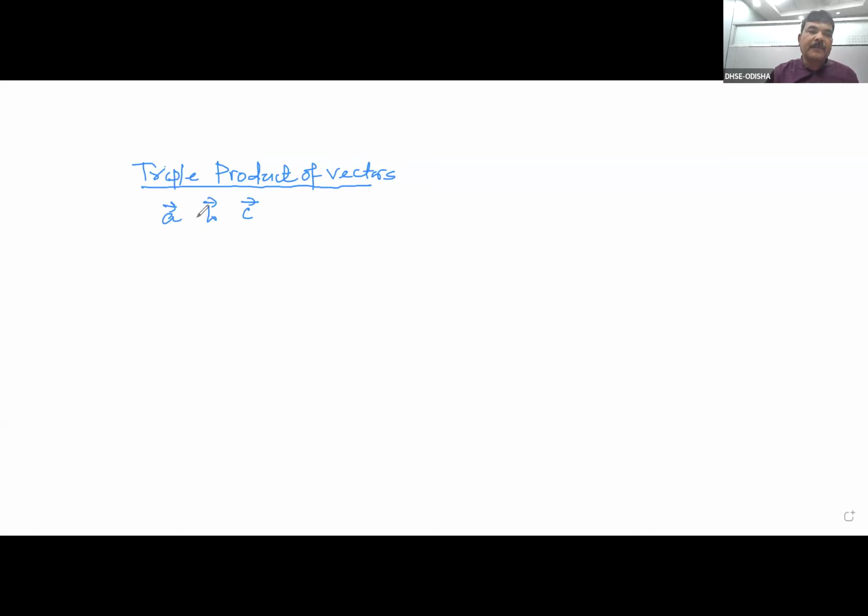Suppose there is a cross product between A and B and the dot product with C. So A cross B will be a vector, C is a vector, then dot product of two vectors is a scalar. This is called scalar triple product.